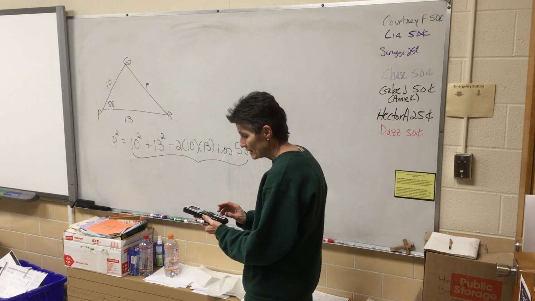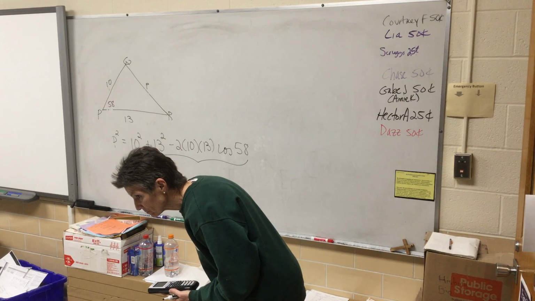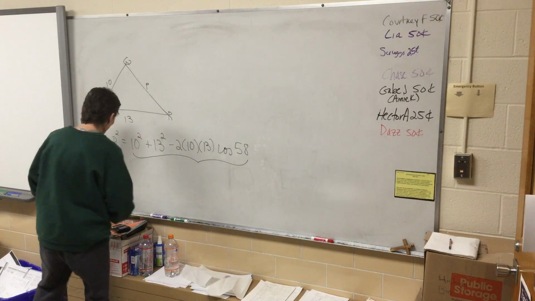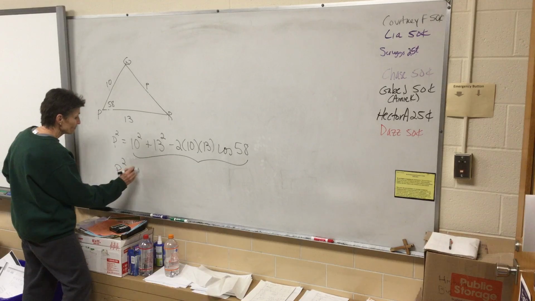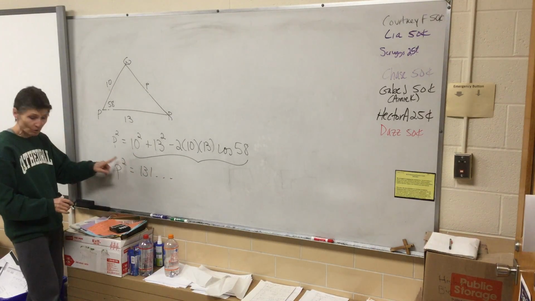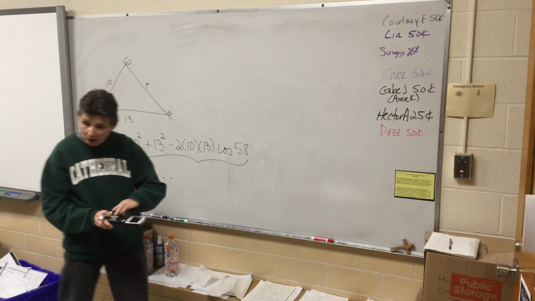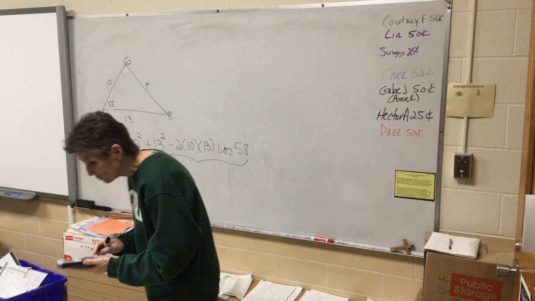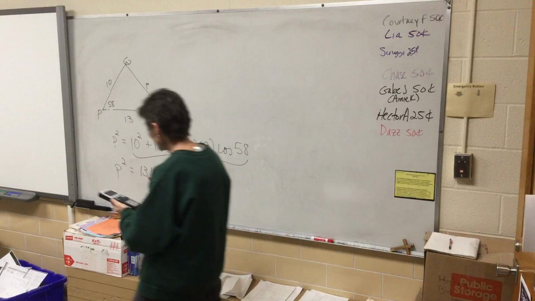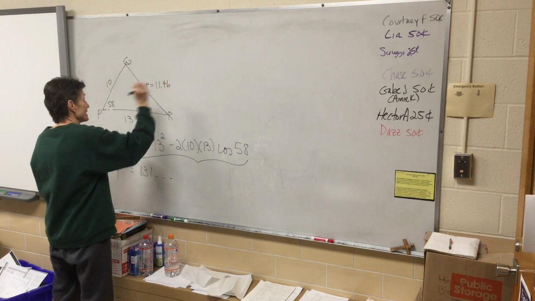Now, did everybody get 131? Okay, now be careful, because that 131 is actually p squared. Remember, that was p squared. So now we're going to have to square root that number. Actual p is 11.46.